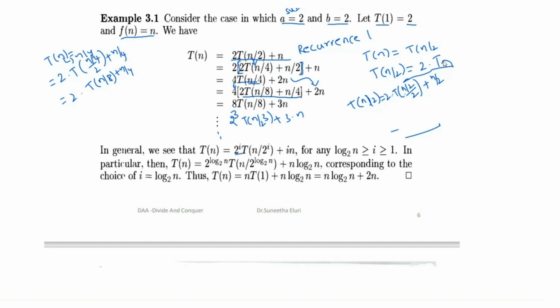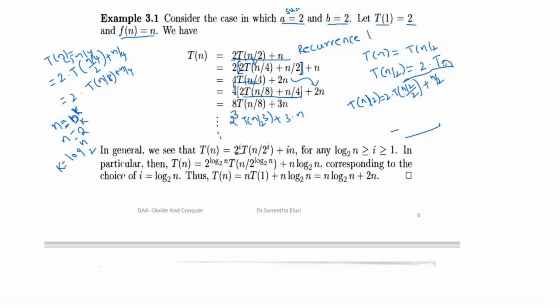If I tell you that n is equal to b power k, always my number of subproblems are in terms of powers of 2. So here b is 2, so n is equal to 2 power k. If I want to get the k value, it becomes log n to the base 2.